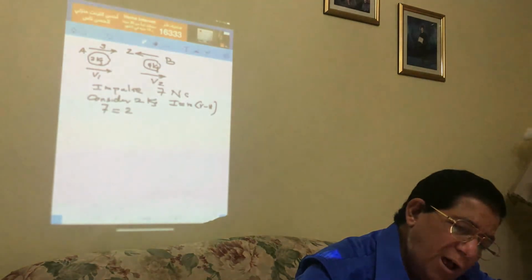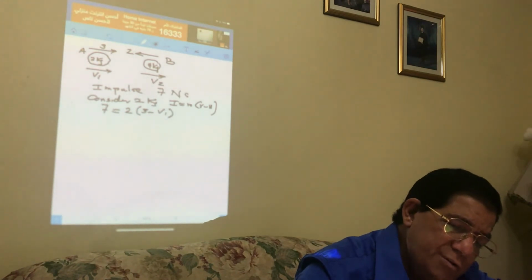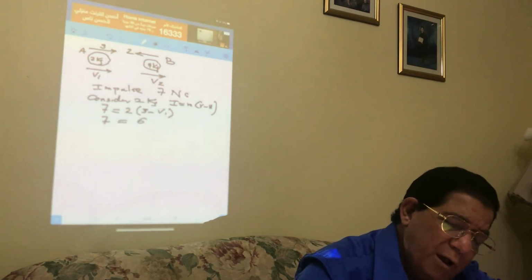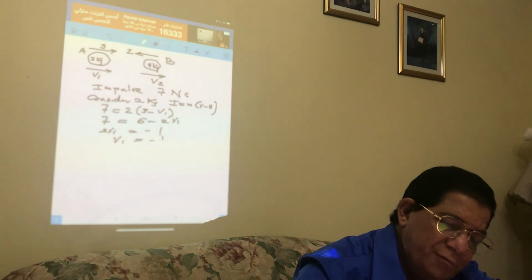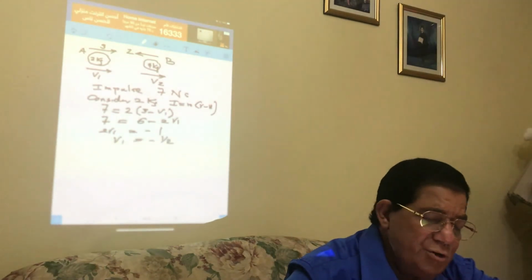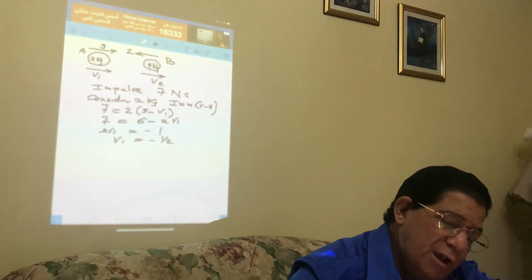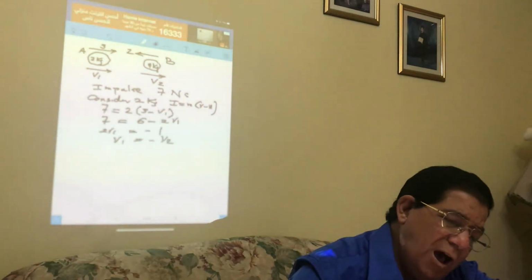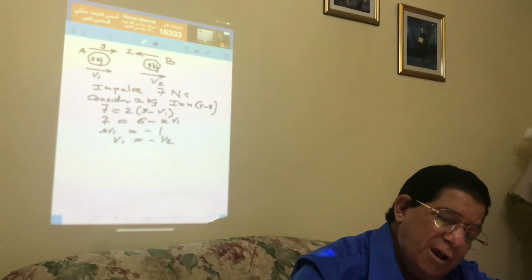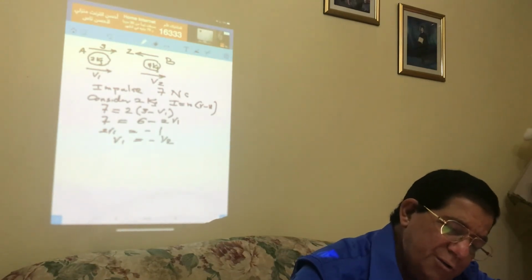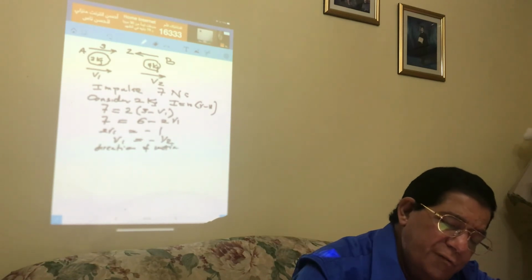Therefore we subtract the larger, 3 minus V1. 7 equals 6 minus 2V1, so 2V1 equals negative 1, so V1 equals negative half. This means the 2 kilogram's direction of motion is reversed.